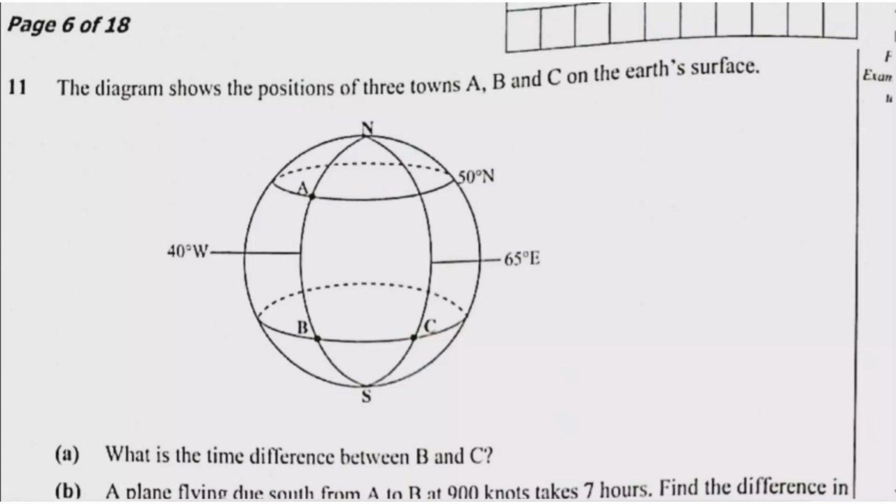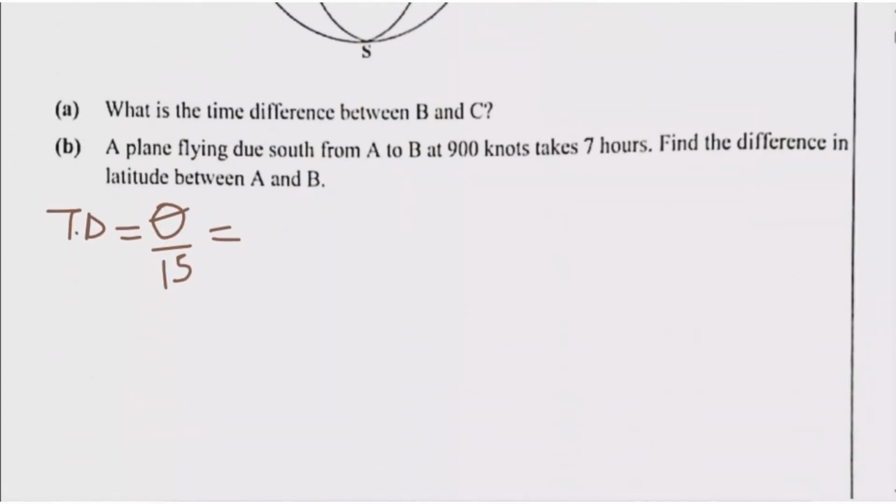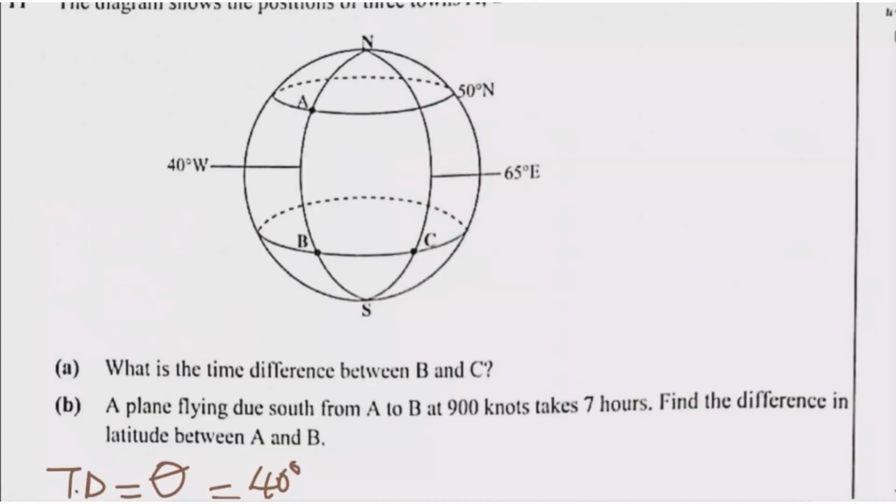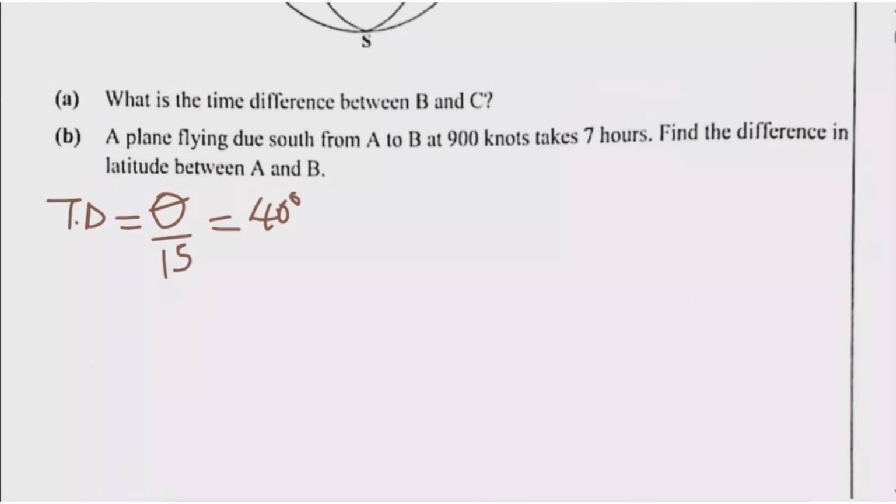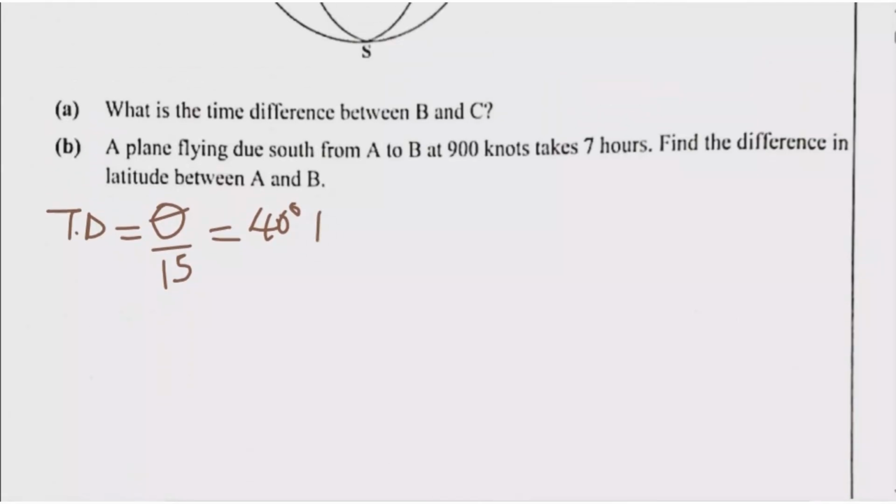Since one is in the west and the other in the east, we are going to add these two numbers. So theta is 40 degrees, where town B is sitting, plus 65 degrees, where town C is sitting, divided by 15.